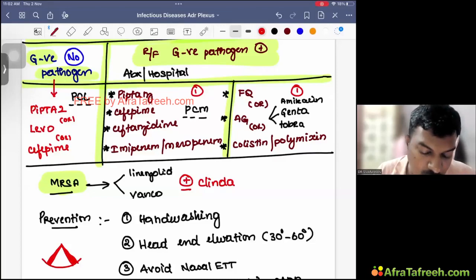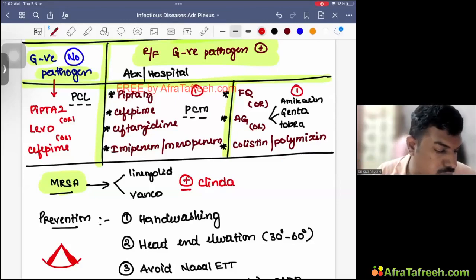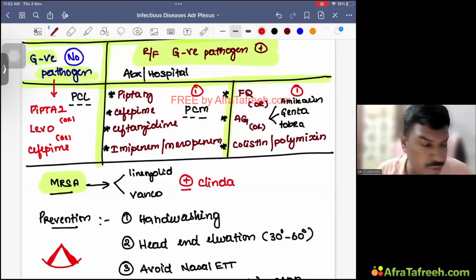Which of the following will be the antibiotic of choice? Piptaz monotherapy, piptaz with aminoglycoside, cefepime with ceftazidime with meropenem, colistin polymyxin therapy. What will be your treatment?